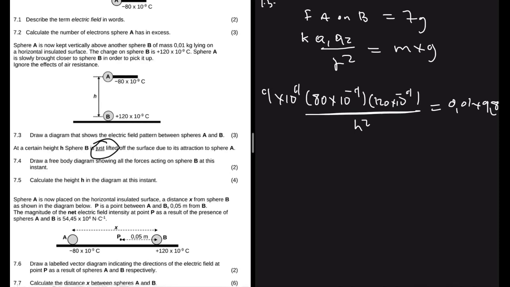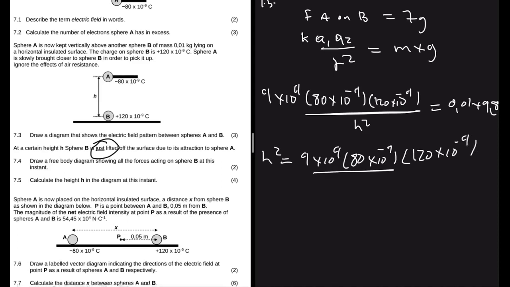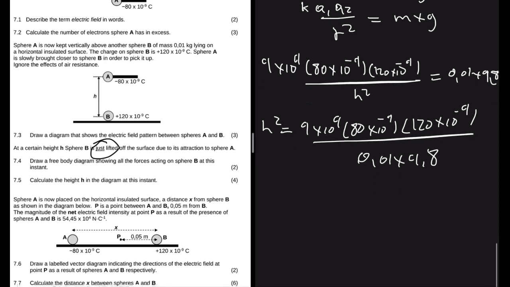So we're going to have H squared being equal to 9 times 10 to the 9 multiplied by 80 times 10 to the minus 9 multiplied by 120 times 10 to the minus 9. And then this we are going to divide by 0.01 multiplied by 9.8. So now we can take square roots on both sides, right?